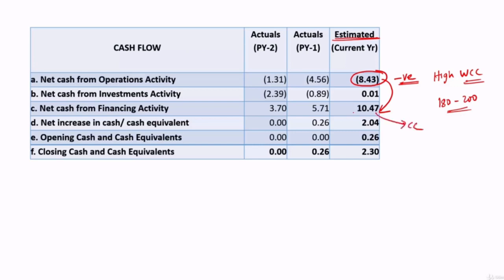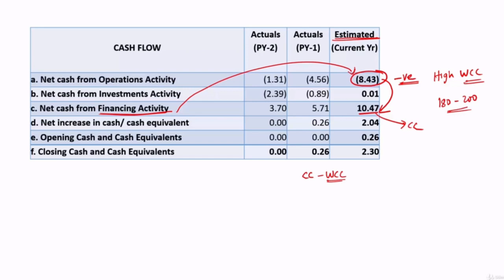So if cash credit is shown here, where we'll capture it under financing activity, then this position may be acceptable, because this cash credit facility comes into the picture to support the working capital cycle only. So had this cash credit been adjusted here, then the negative figure may not be so much, or it can even turn out to be a positive figure.